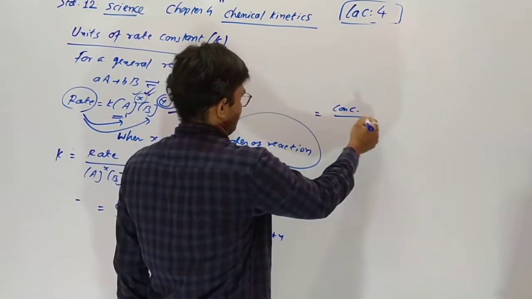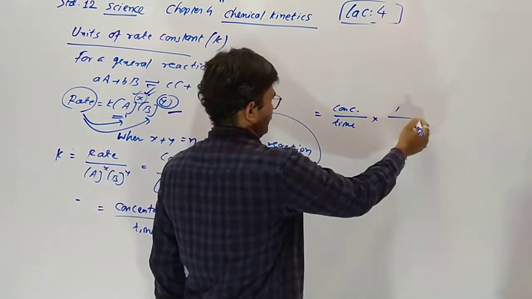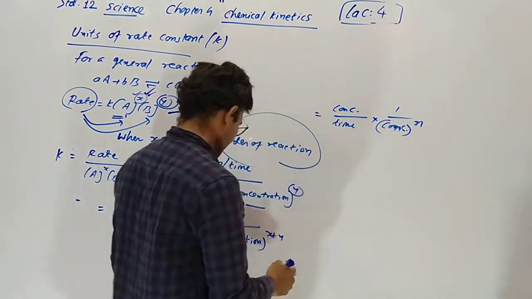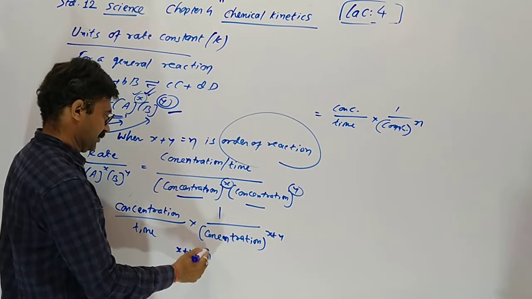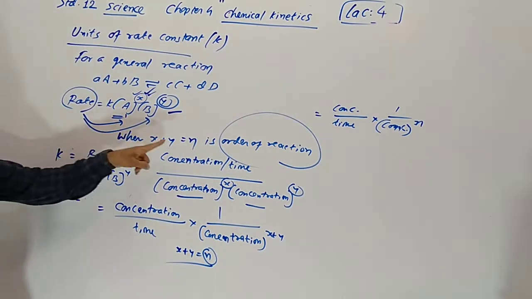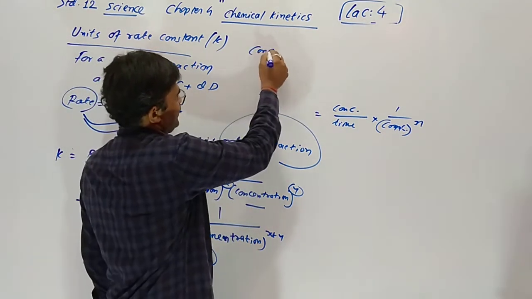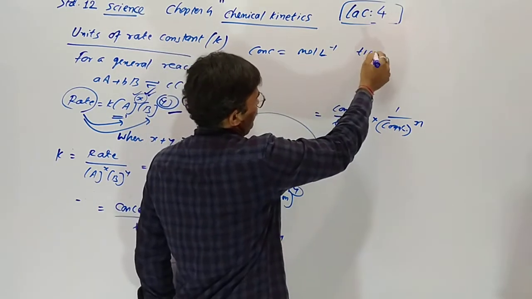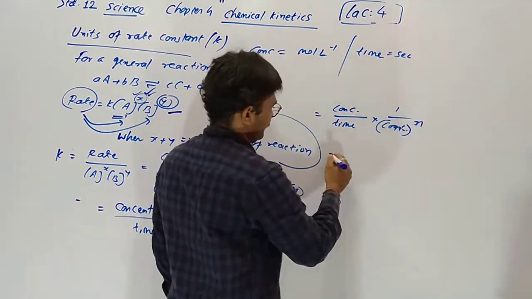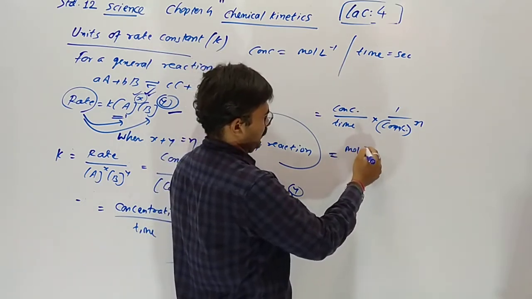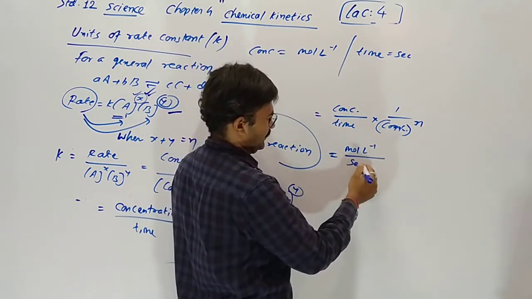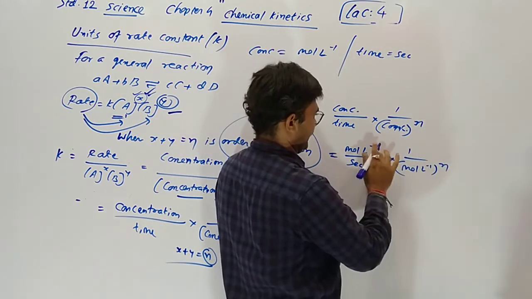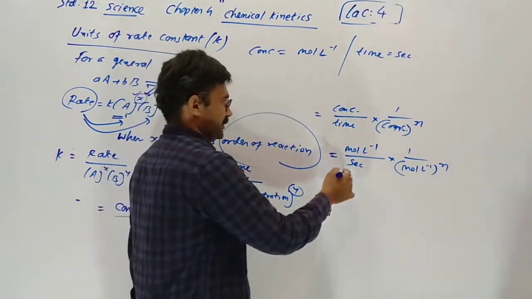So concentration upon time into 1 upon concentration raised to n, because X plus Y is the total order of the reaction. Now concentration means mole per liter, and time is in seconds. So mole per liter upon second into 1 upon mole per liter raised to n. This is our trick.